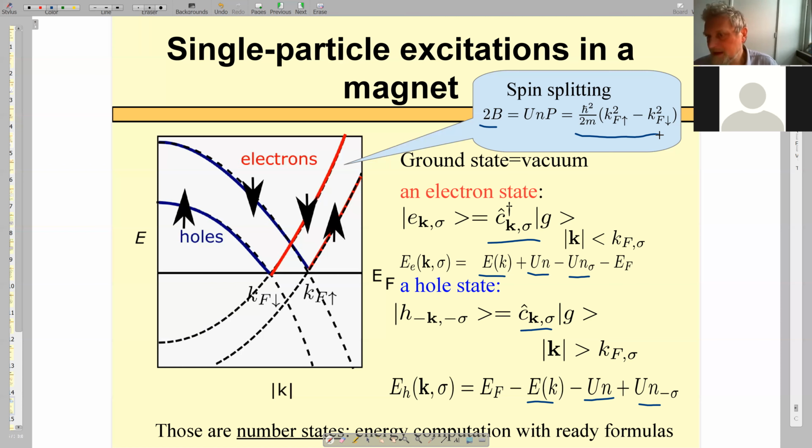Good. So I need to replot the same plot with split levels. So I have two electron branches with different spins here and here, and two hole branches.